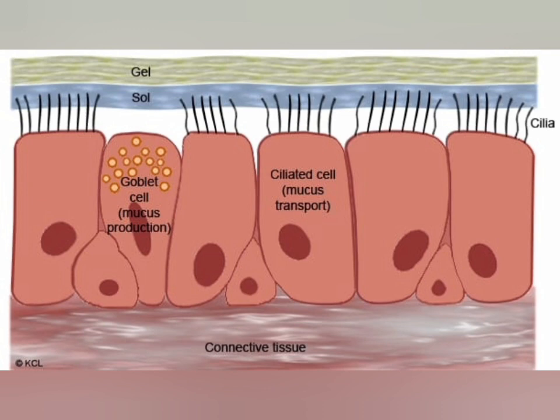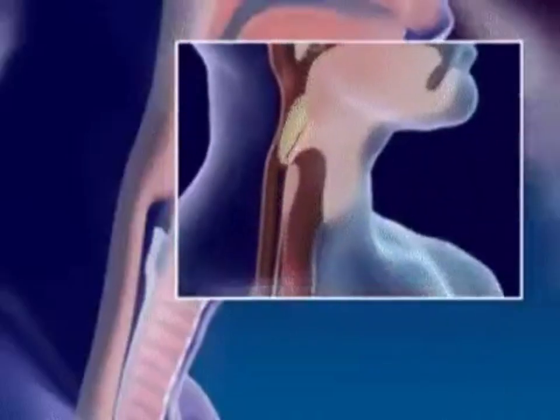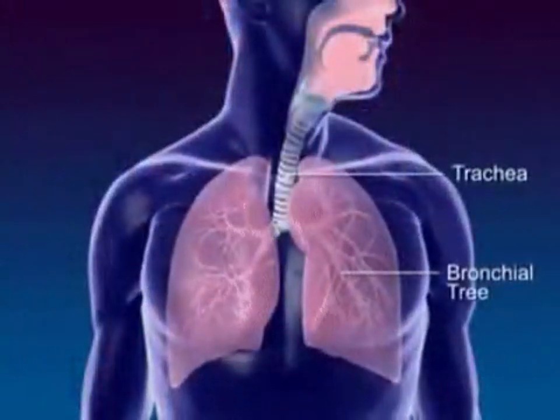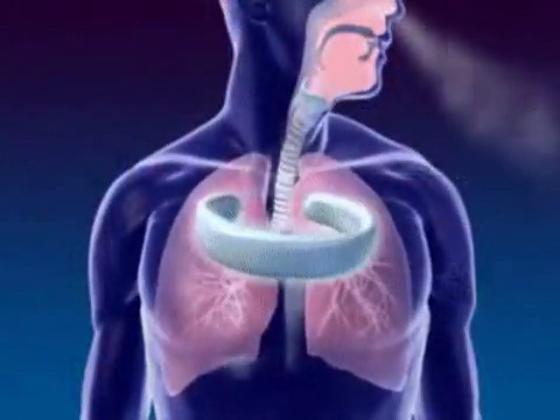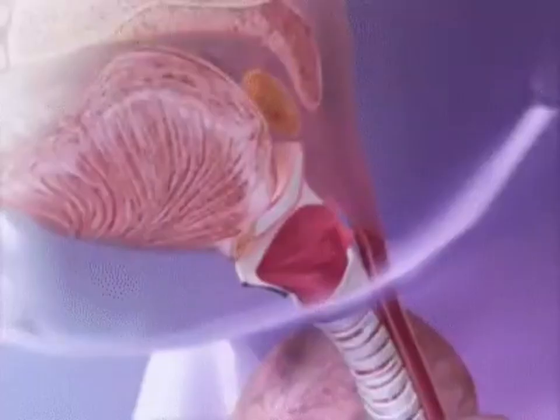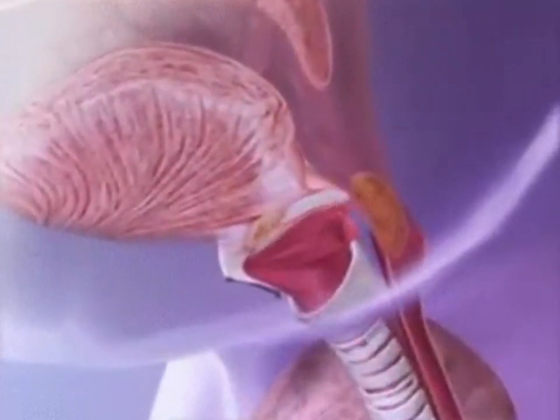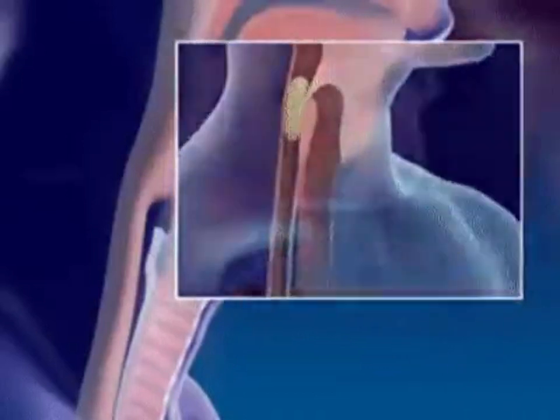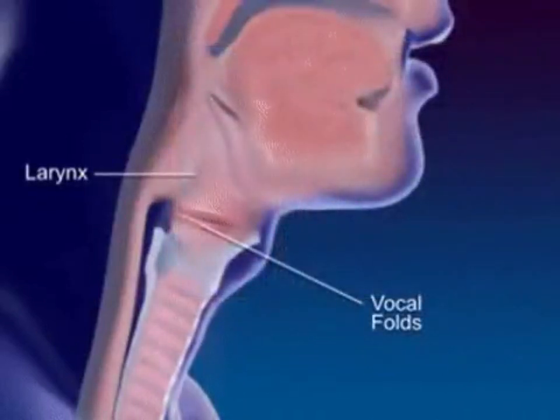Pharynx. The pharynx is situated at the back of the mouth. From the nasal cavities, the air moves into the pharynx, which is a common area to both digestive and respiratory tracts. The pharynx opens into the larynx or voice box, which leads to the trachea.